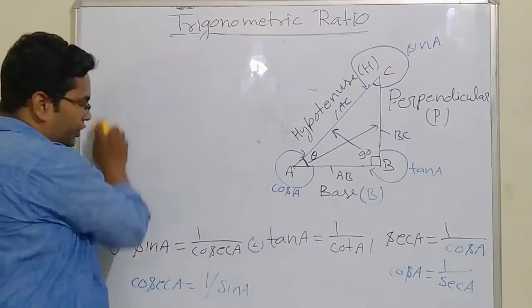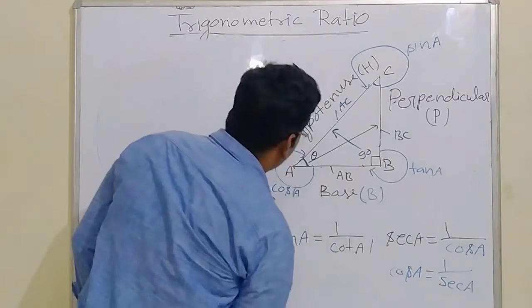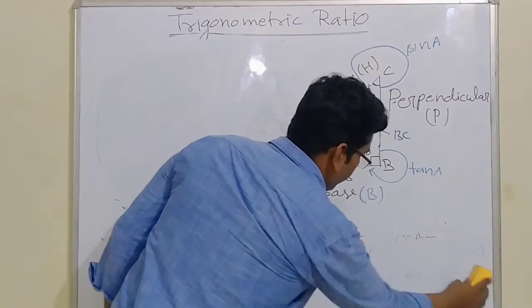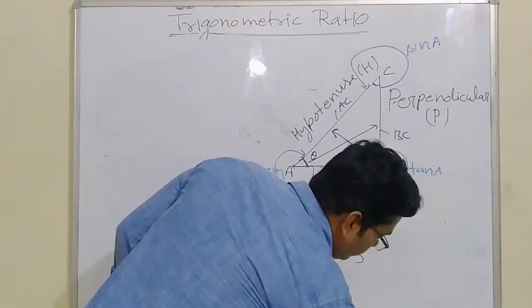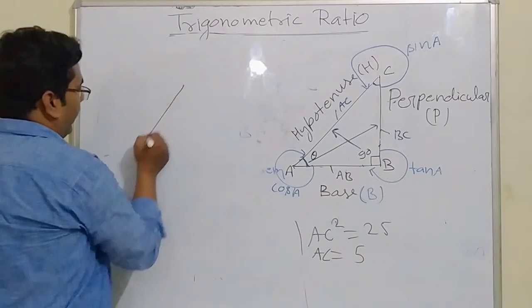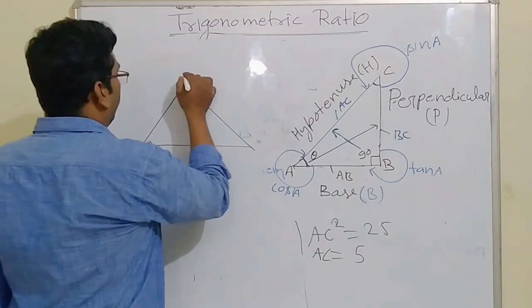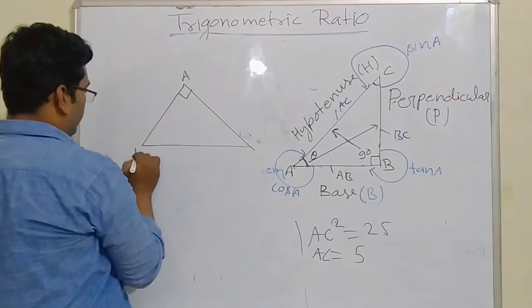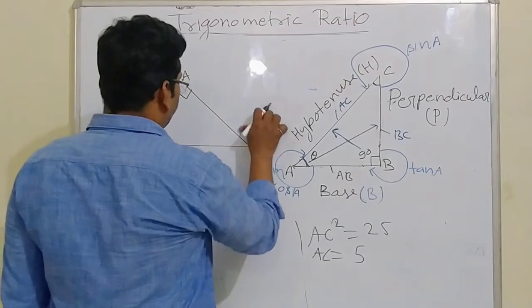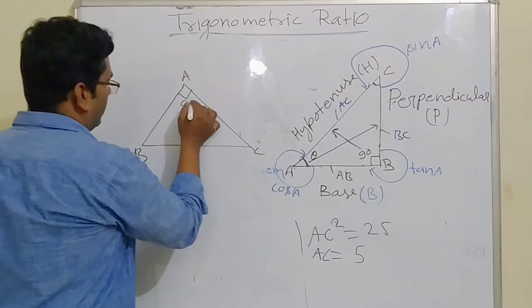If you take a question here, if we take this triangle like this, and this is the right angle, this is A, this is B, and this is C, and this is the angle.